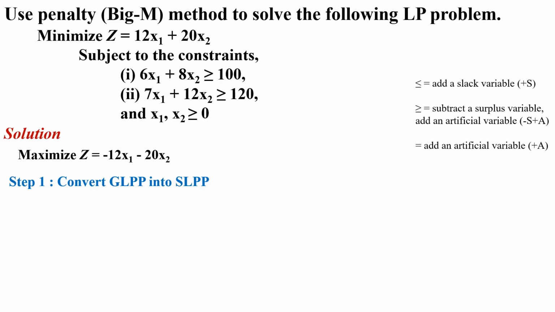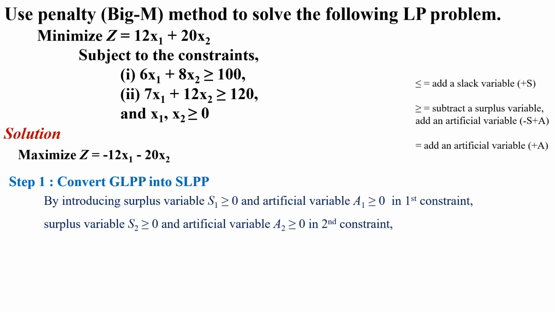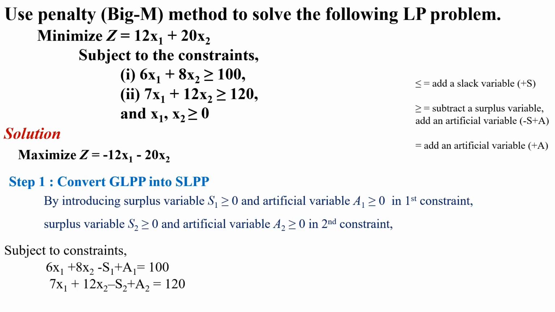In the given LP problem, the first constraint has a greater than or equal to symbol, so subtract a surplus variable s1 and add an artificial variable a1. Then the first constraint becomes 6x1 plus 8x2 minus s1 plus a1 equal to 100.